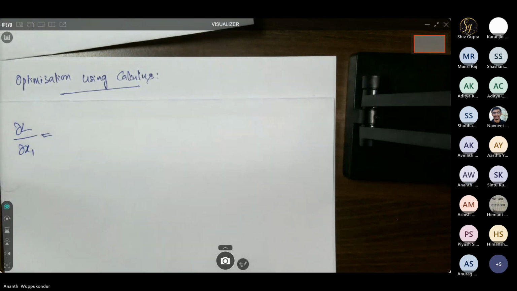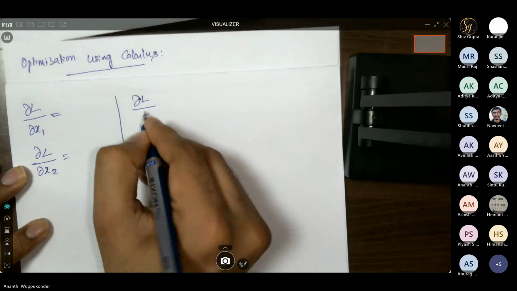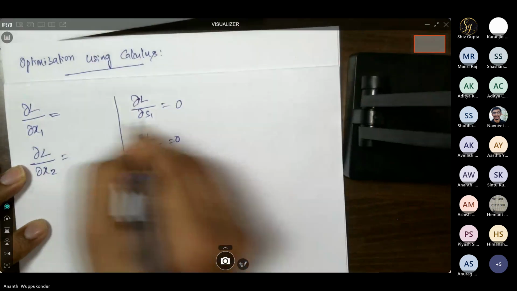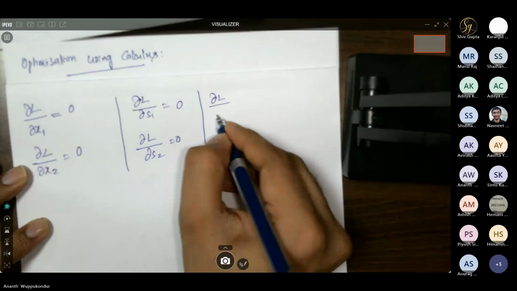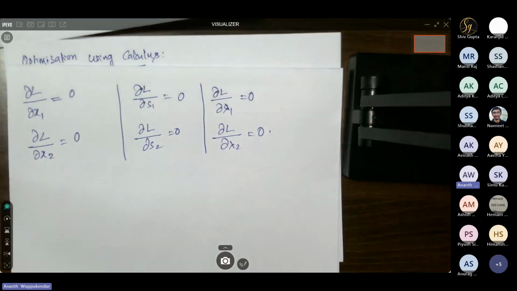Can you solve for this? If you solve for all the differentials, then you would get a set of equations that need to be solved again.